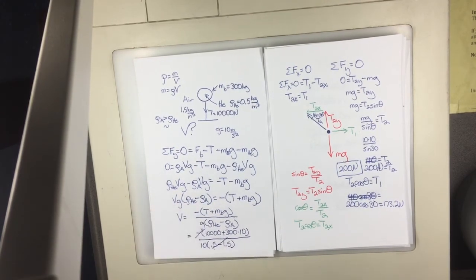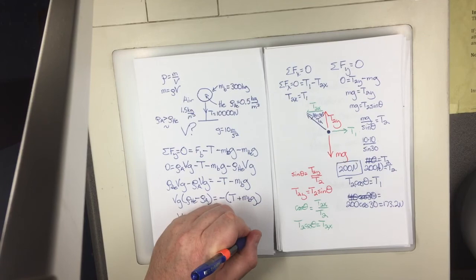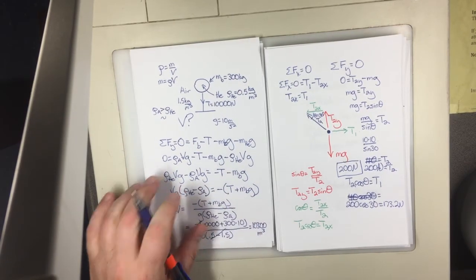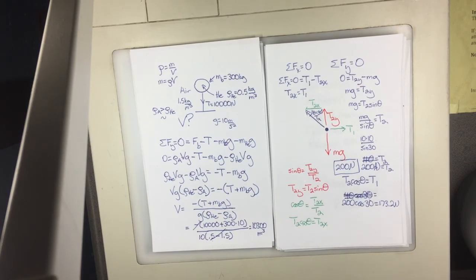That will cancel out with that. And I'm left with 10,000 plus 3,000 divided by 10. So the volume is 10,300 cubic meters. And so that is the answer.